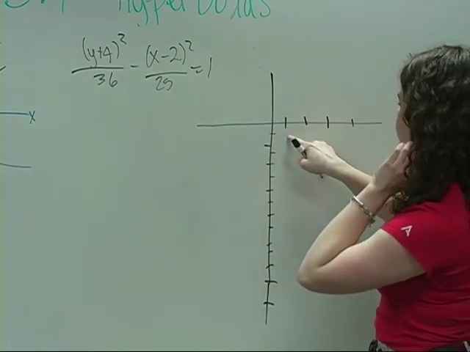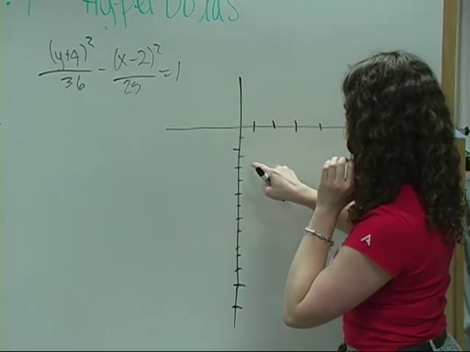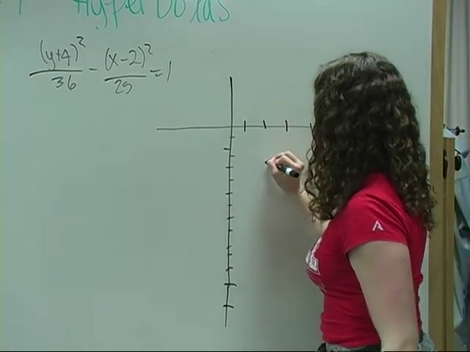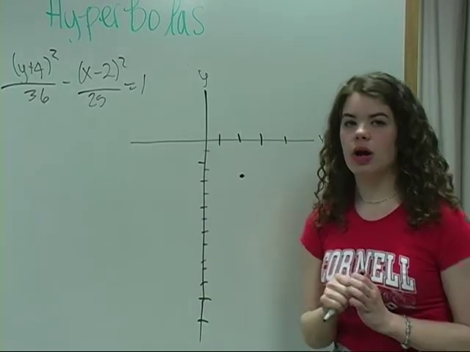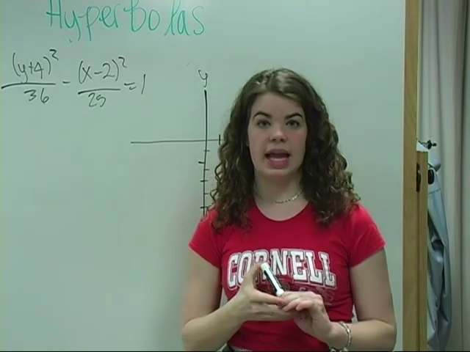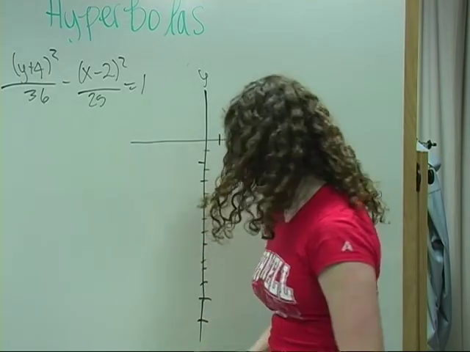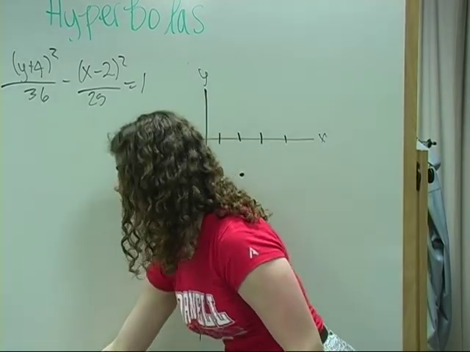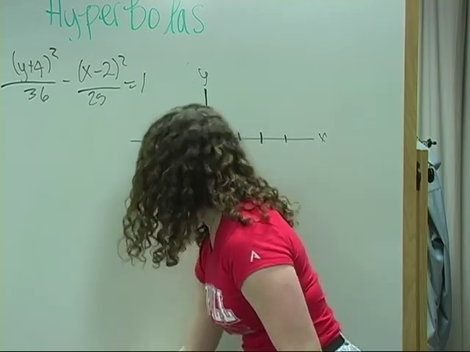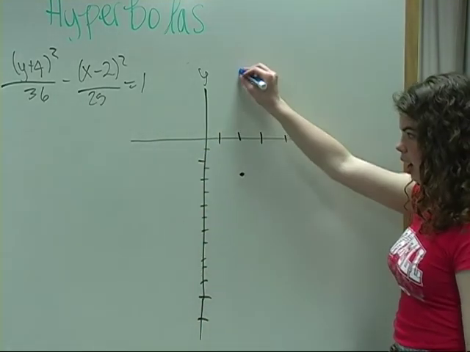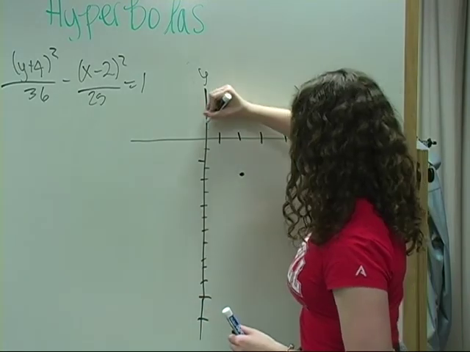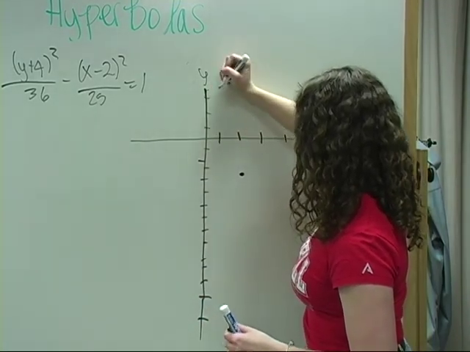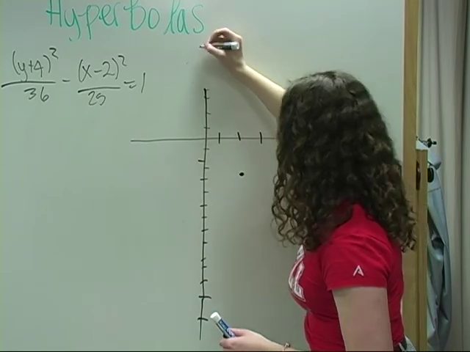Okay, so here's 2, negative 4. 1, 2, 3, 4. Here's our center point of interest. Y-axis, x-axis. Now our transverse axis, the one with the A's, is going to be vertical. So our transverse axis will obviously lie on the xy plane, and our A value is going to be how far up or down that transverse axis goes.